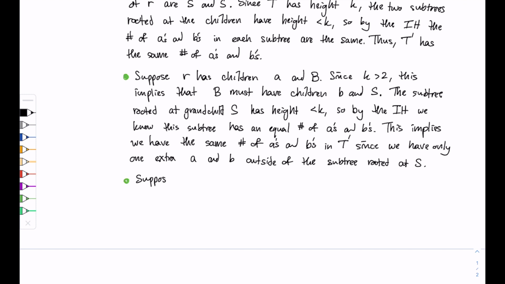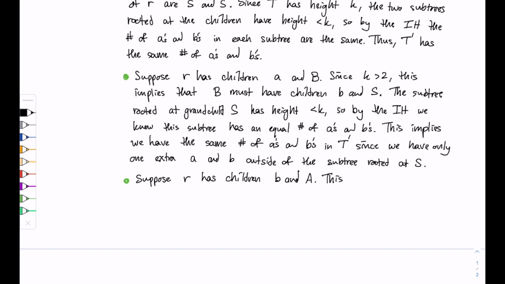Okay. All right, so what other case do we have? Suppose R has children B and A. Well, this is handled the same way. So this can be done symmetrically, basically.